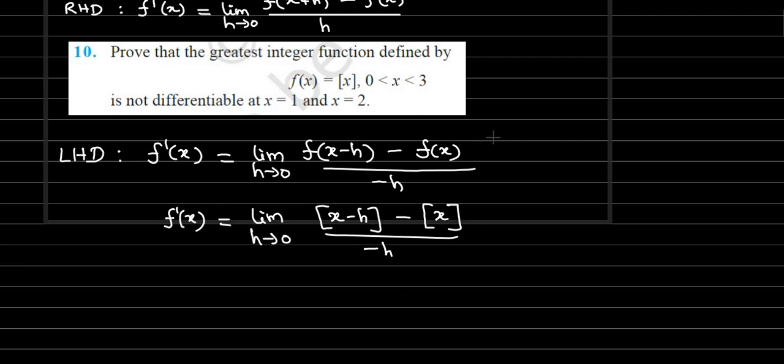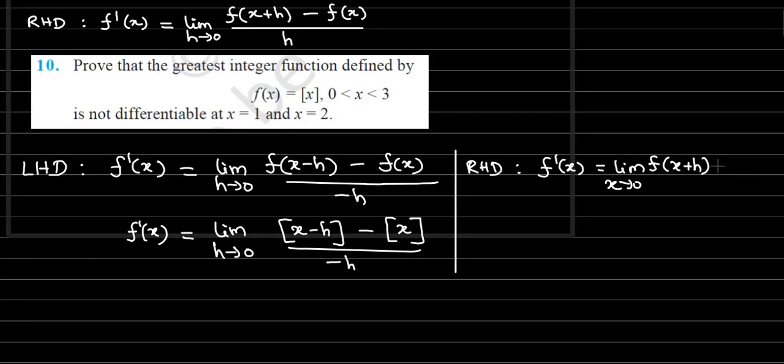Now in the same way, let's find the right hand derivative. The right hand derivative formula is f dash of x equal to limit h approaching to 0, f of x plus h minus f of x by h. Whatever input we give, it is converted in terms of the greater integer function.